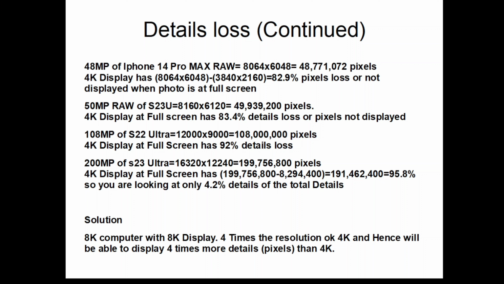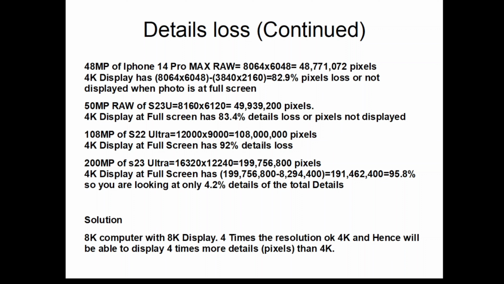So for example, 48 megapixel RAW of iPhone, you have an 82.9% detail loss, or 82.9% of those pixels are not even displayed at full screen. 50 megapixel RAW of Samsung, 83.4% detail loss at full screen on a 4K display. 108 megapixel of S22 Ultra, 92% detail loss.